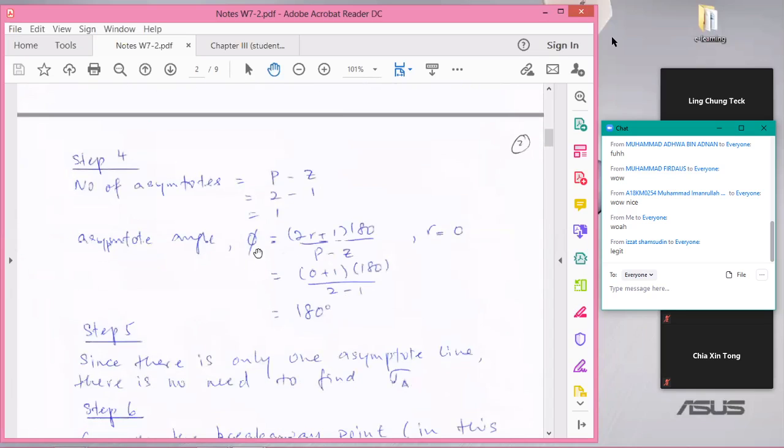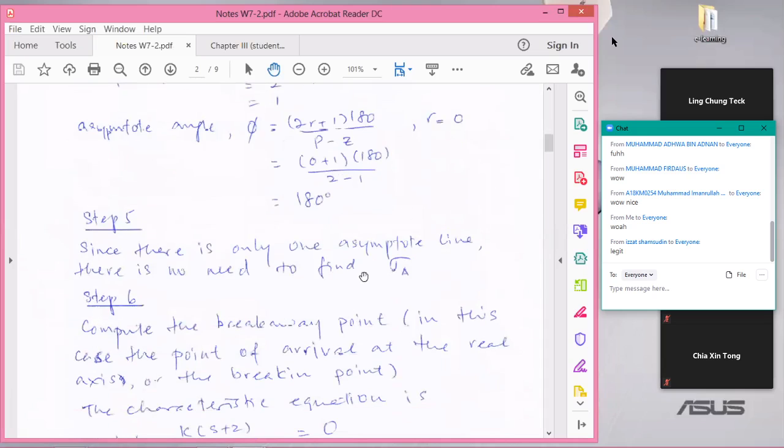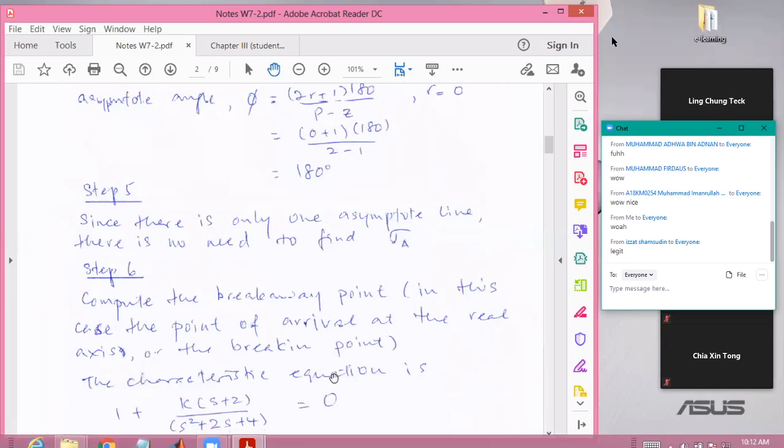So the number of asymptotes is 1 and the angle is 180. There's no need to compute the intersection of the asymptote with the real axis. It is located on the real axis, going to the left all the way to infinity because the angle is 180. So that is step 5.